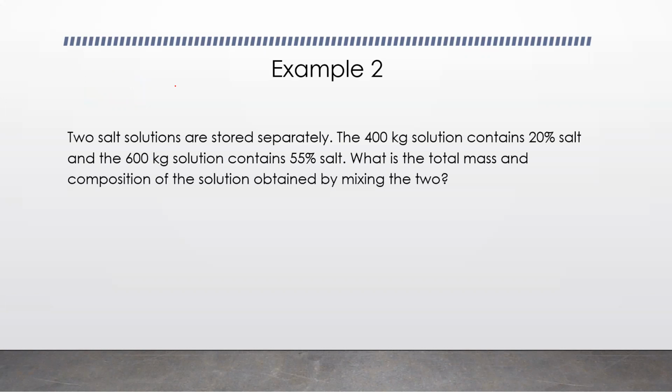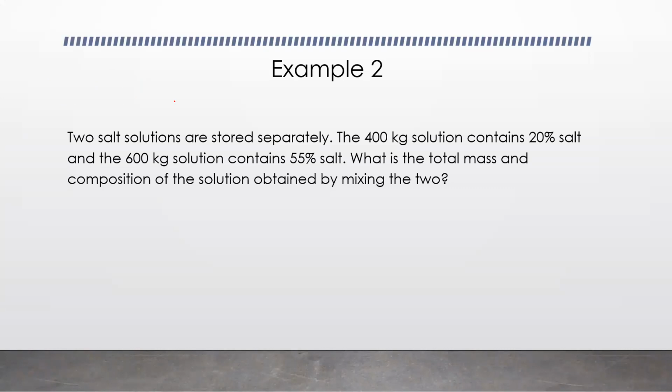So this is my block diagram, which shows that two solutions have come in and one solution has come out. Let's call the solutions that have come in S1 and S2, with mass fractions x1 and x2, and let's call the outlet S and the mass fraction of salt x.